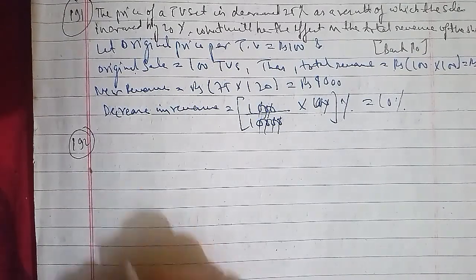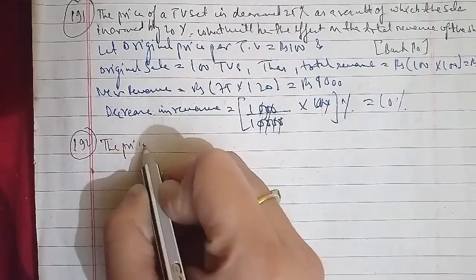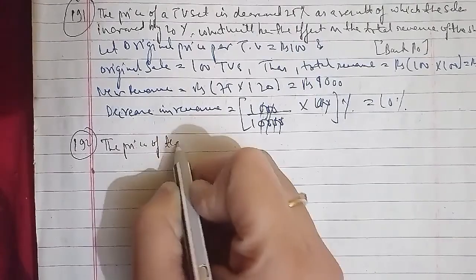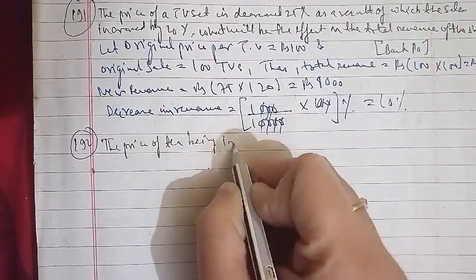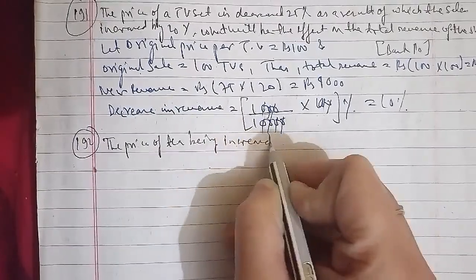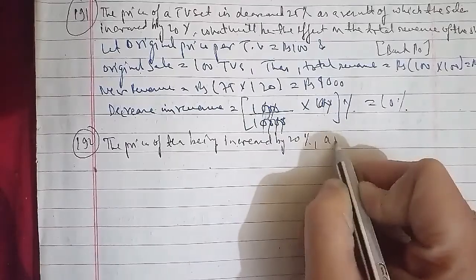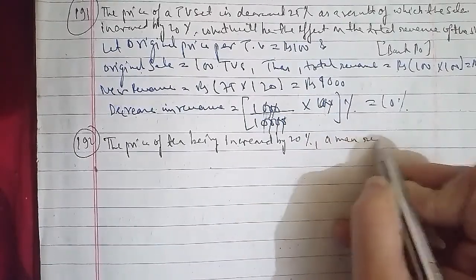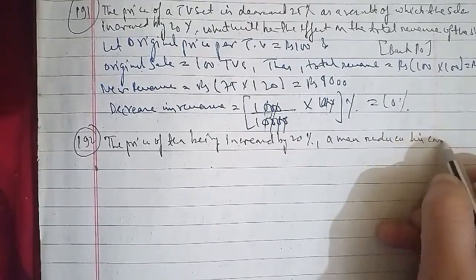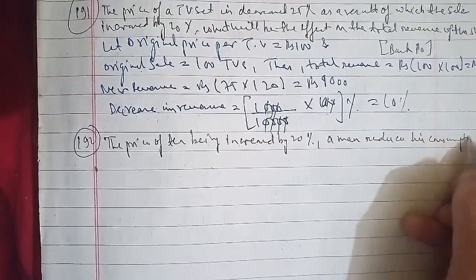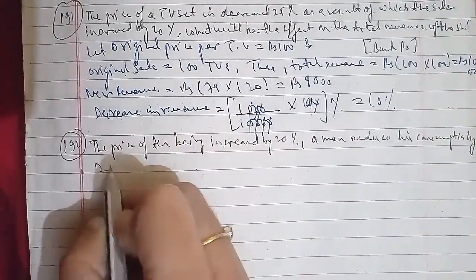The price of tea is increased by 20%. A man reduces his consumption by 20%.